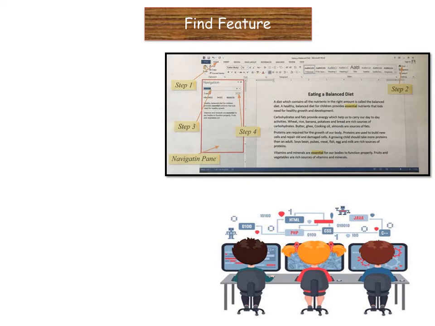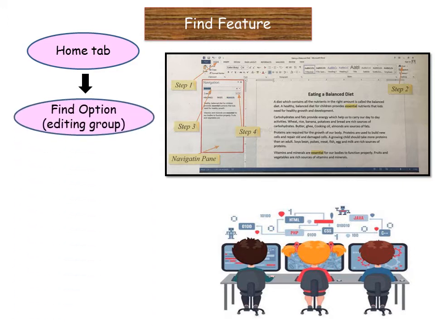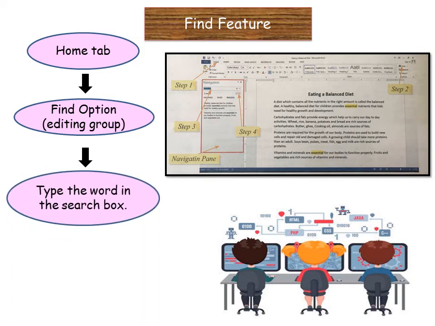As shown in the figure 4.10, first, click on the Home tab. Next, click on the Find option in the Editing group. The navigation pane appears. Next, type the word that you want to find in the search box.